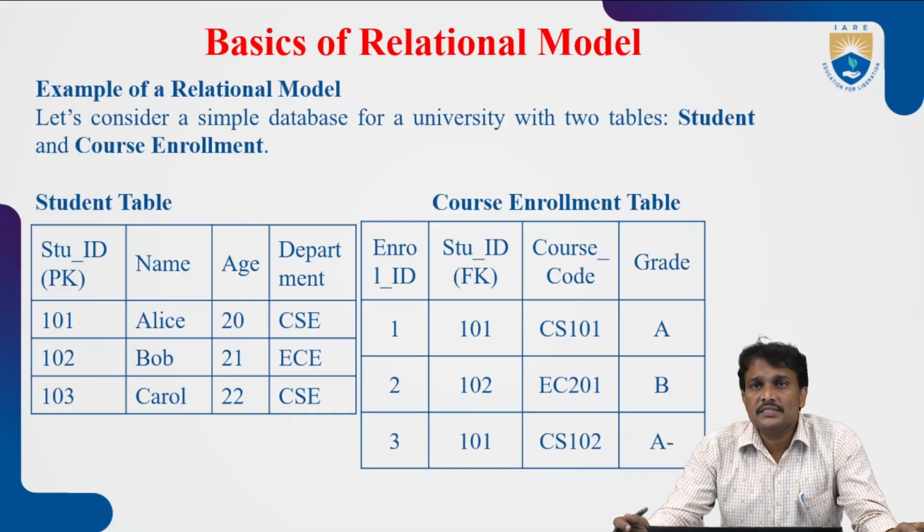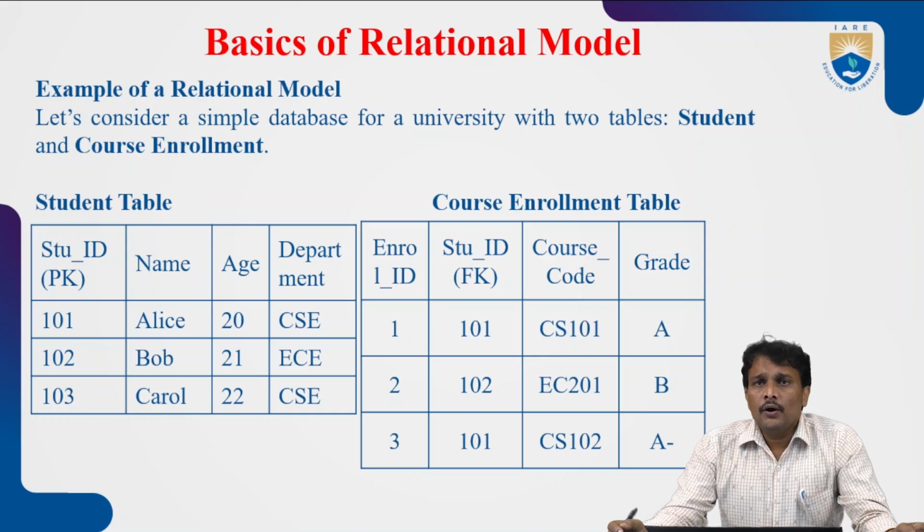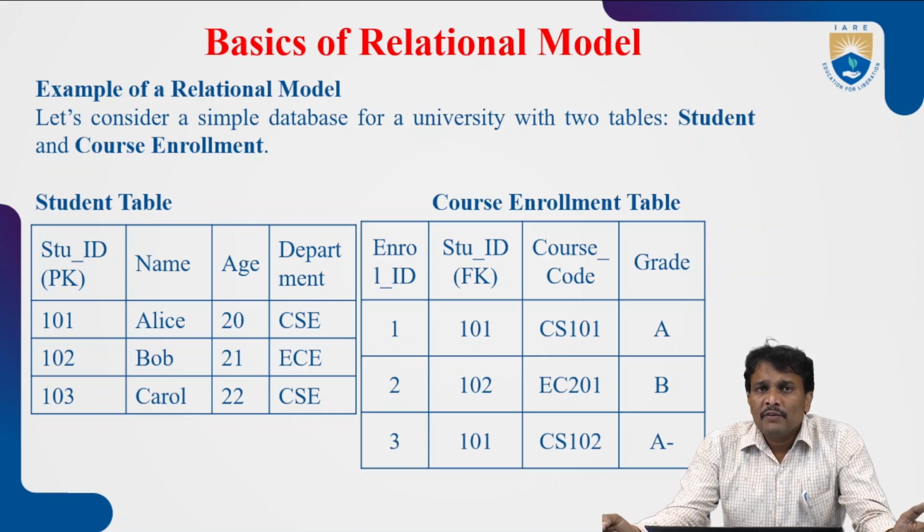In this course enrollment table, student ID is a foreign key. Student ID is the primary key in the student table, and in the second table it is a foreign key.